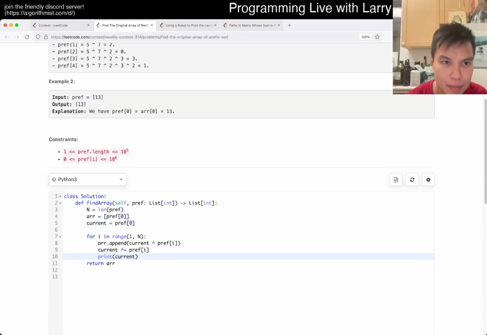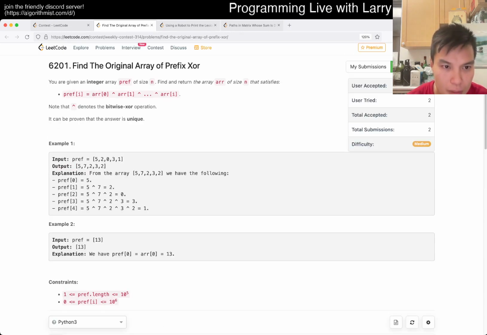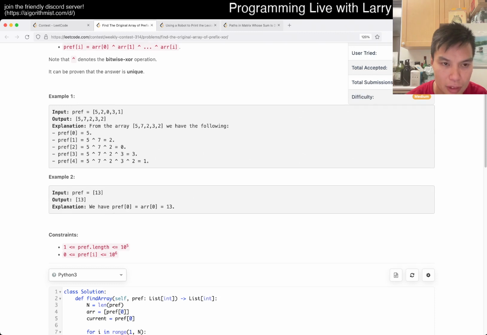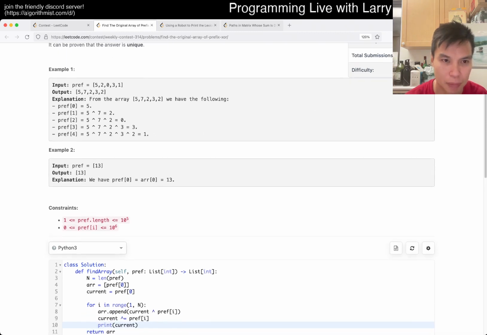wait, what? So okay, we do 7, and then to get 0, we already have 7, but we actually have 5 and 7. So then we need like a second prefix array, is that right? That is confusing, but okay.